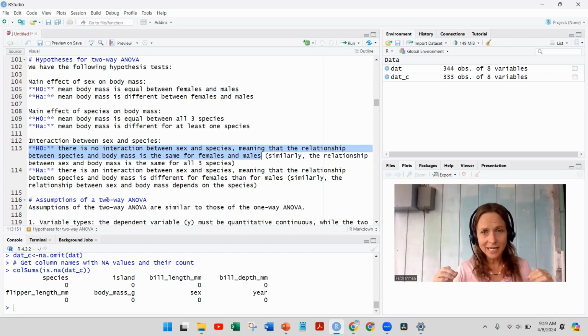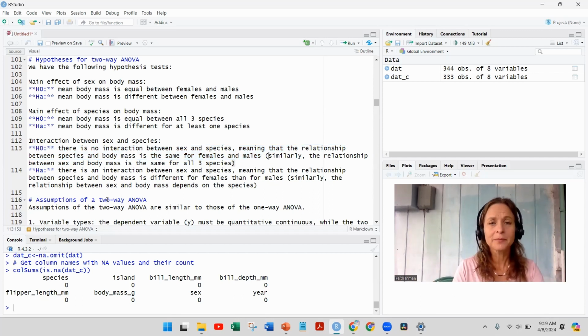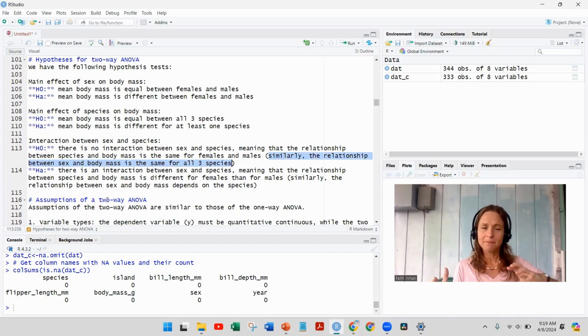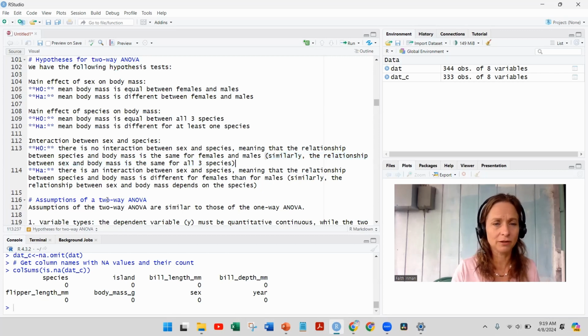You could also state this, that the relationship between sex and body mass is the same for all 3 species. You kind of flip it back and forth. Either way, we're testing both of them. And you want to state it depending on what you're mostly interested in as a researcher.